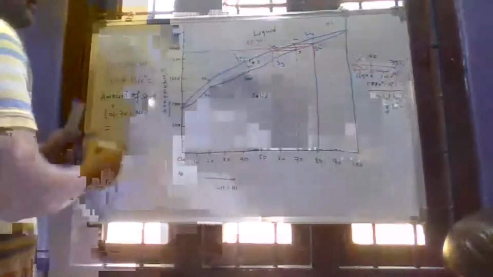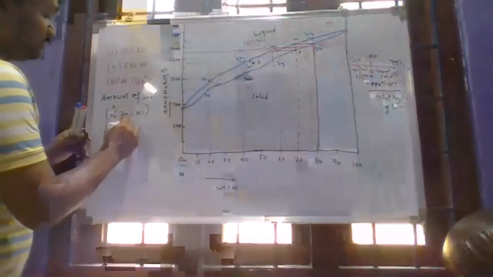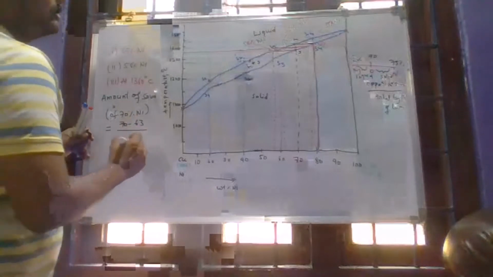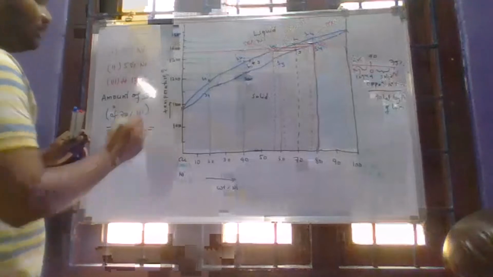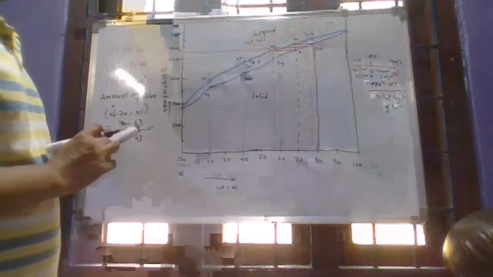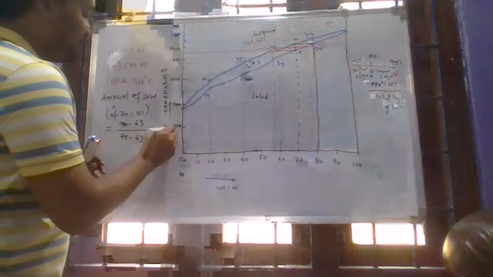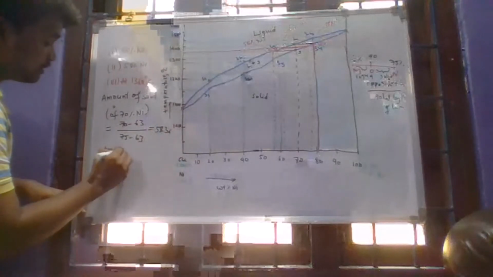If you want to find the amount of solid, you should take the opposite arm. So it will be 70 minus 63 divided by 75 minus 63, the total length of the arm, which gives around 58.3%.